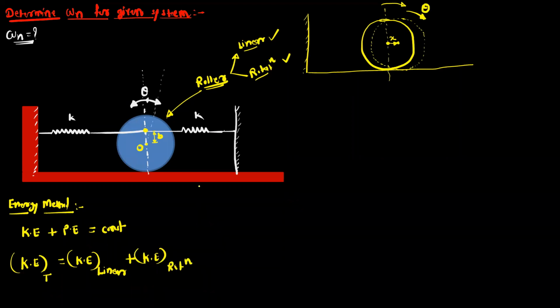Okay. Now we know the equation for linear kinetic energy. So kinetic energy for the linear motion, its equation is 1 by 2 m x dot square, where x dot is the linear velocity. Okay.